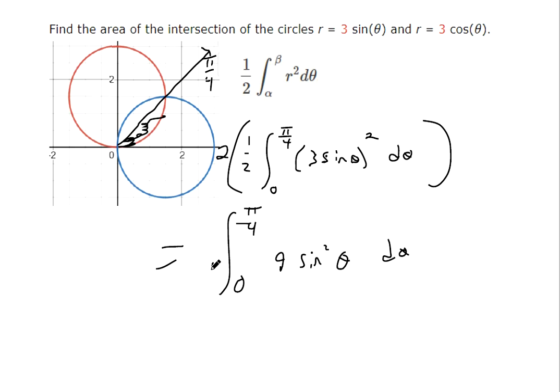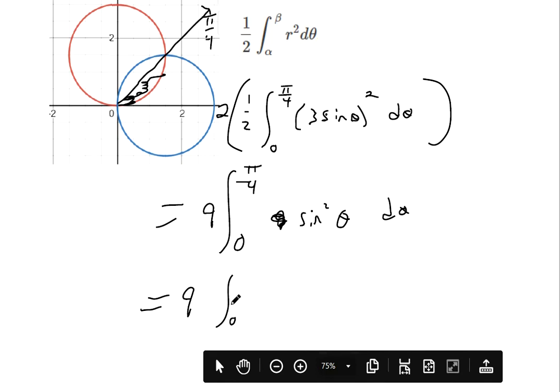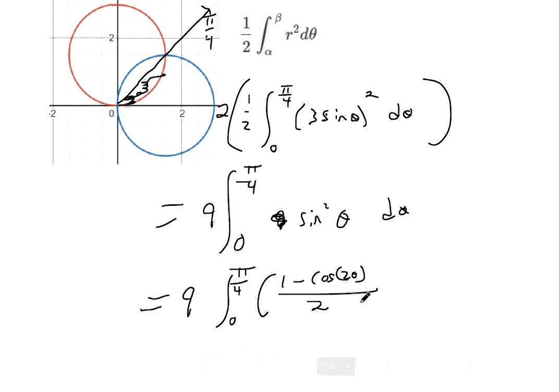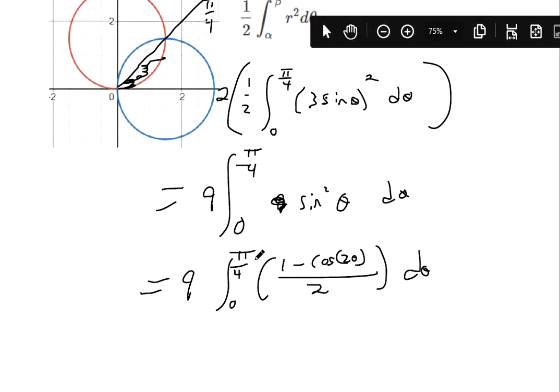And then we can use our power reduction identity to make this an integral that we can easily digest. If you remember, sine squared theta is equal to (1 minus cosine 2 theta) over 2. That reduces the power. And then we can break that up into 2 separate integrals.